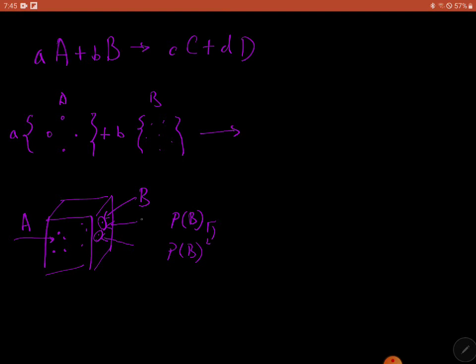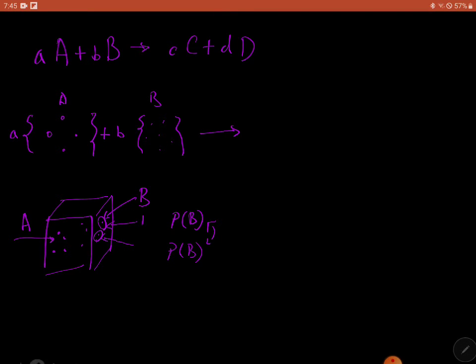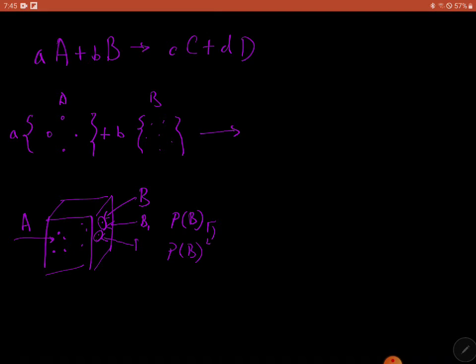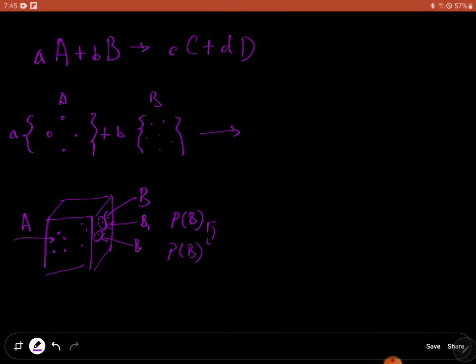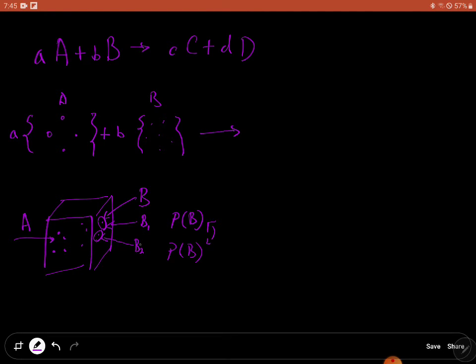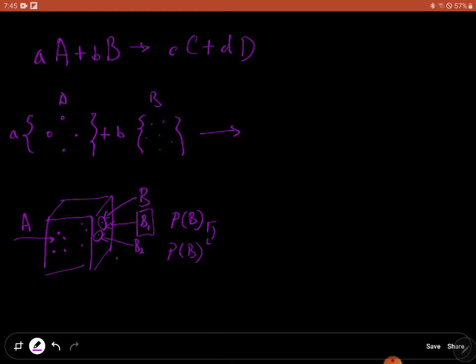Yes, and these two are independent. Let's say this is B1. This element does not require any information or any presence of the element B2. It doesn't matter whether B1 is there or not, B2 still has the same chance of being present in this space.